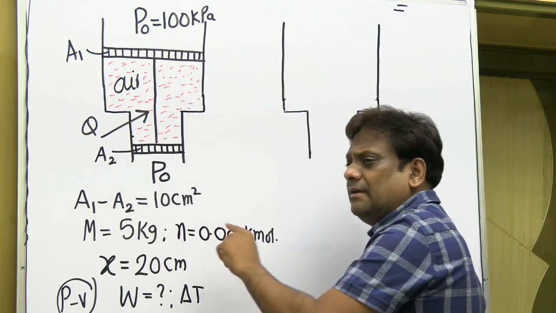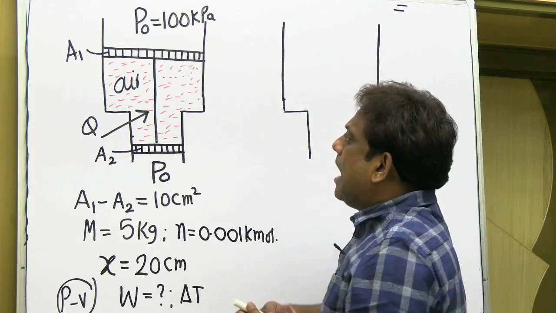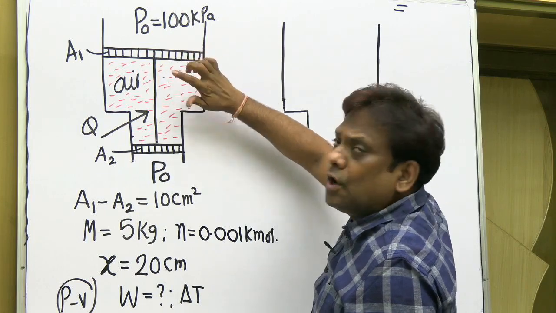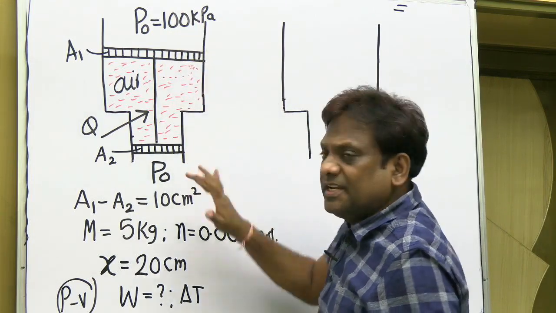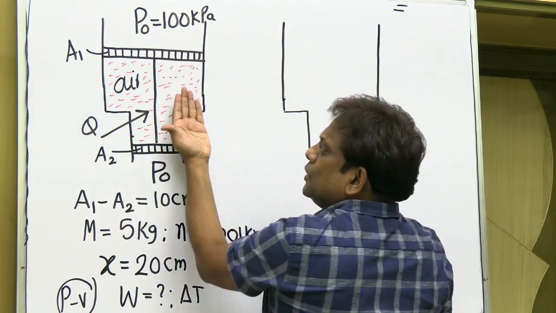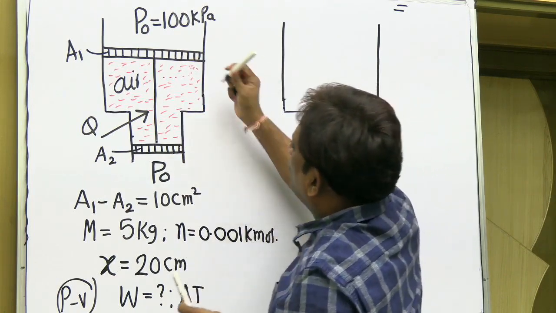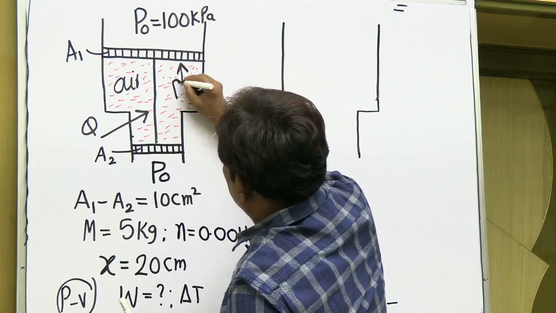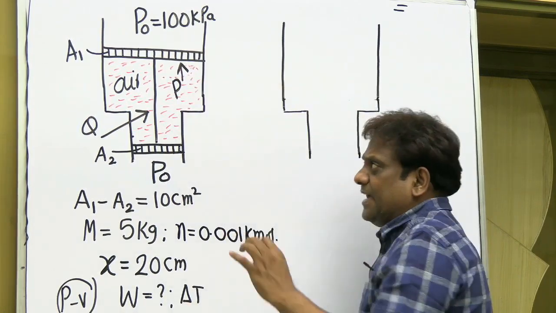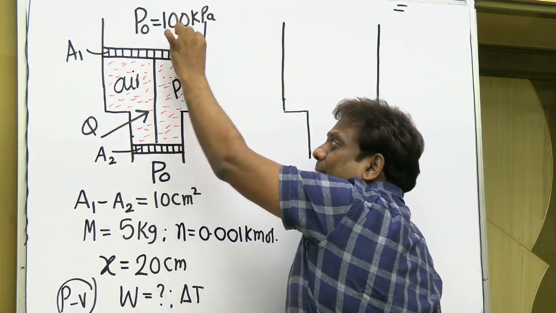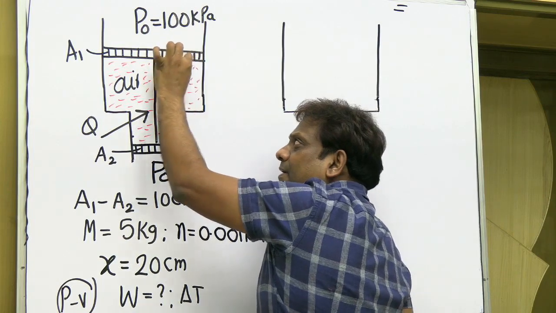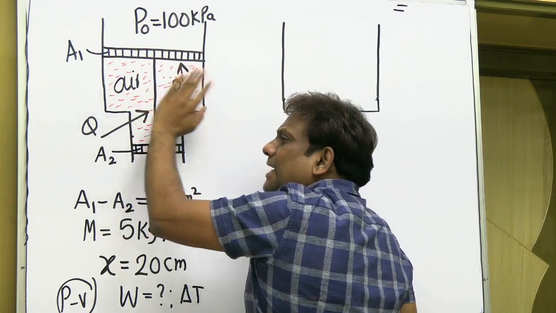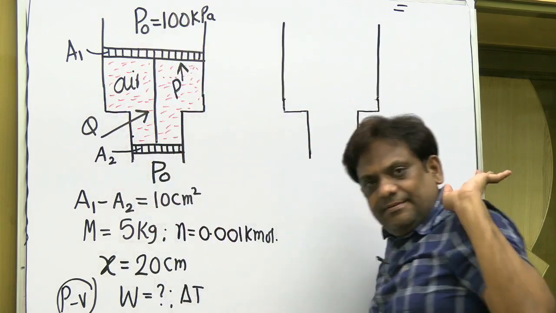So when you are heating, neither the mass of these two pistons, nor this rod, nor the atmospheric pressure is changing. If the pressure of the gas is P, it depends on the atmospheric pressure and its weight, and therefore these are not changing.